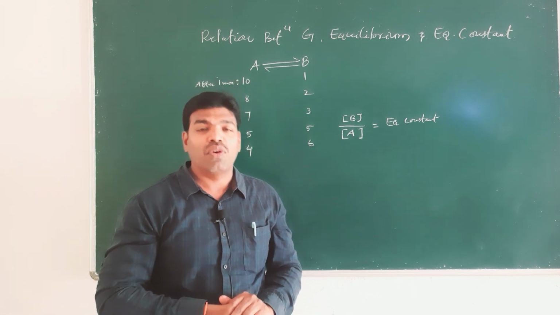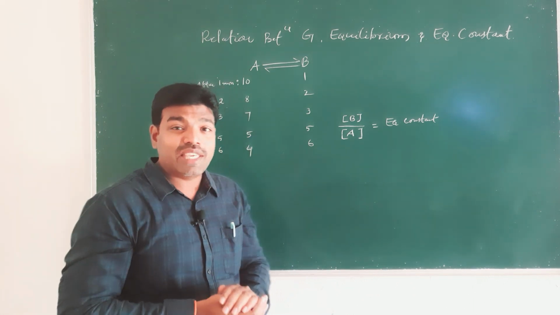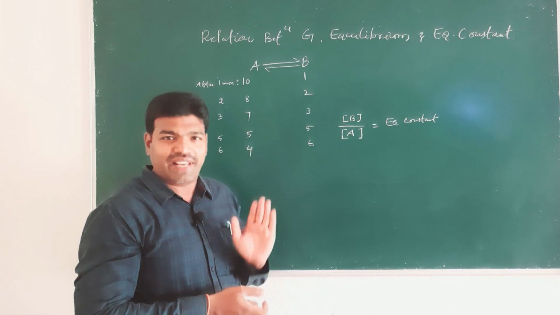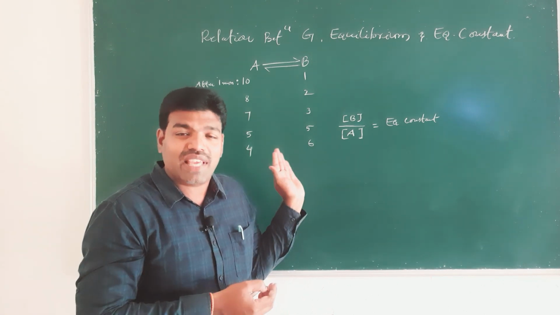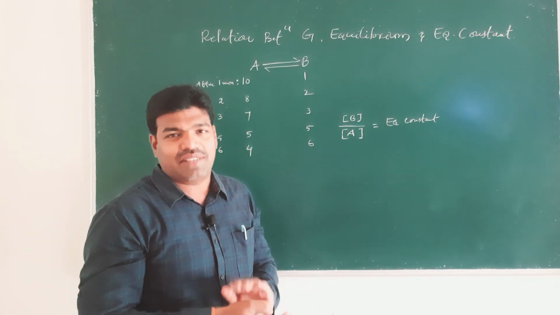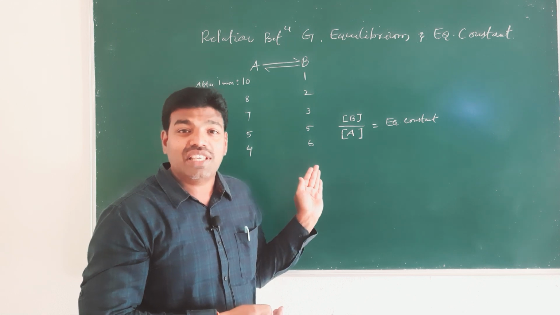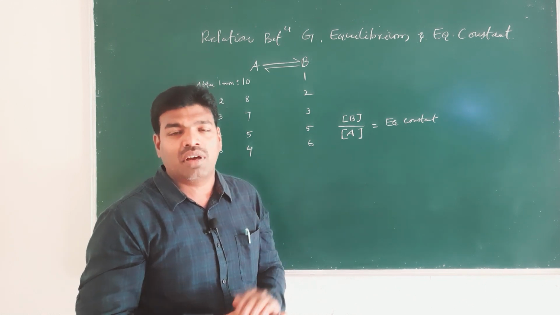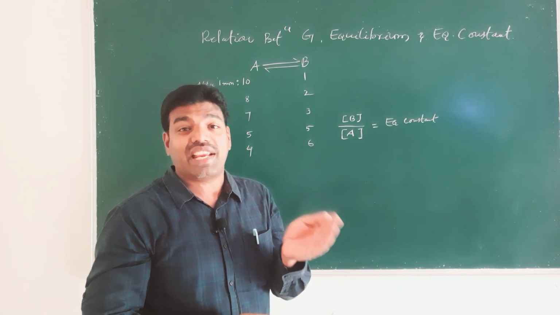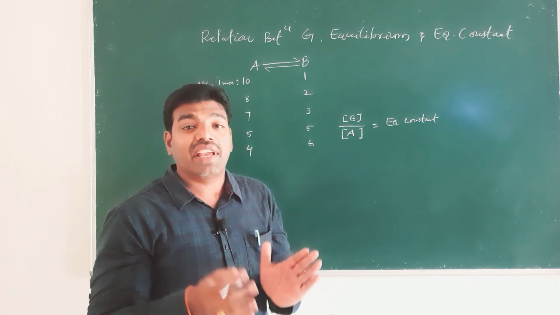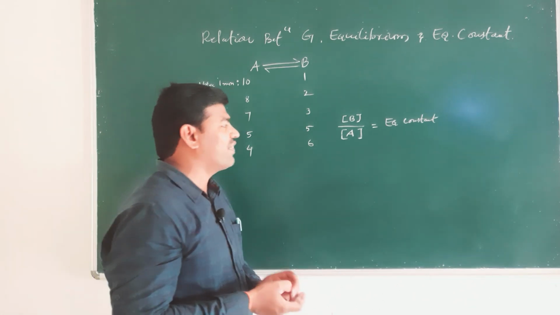Therefore, when we plot the Gibbs energy against the change in the composition of the reaction mixture, that would give you a graph. The graph is like this.